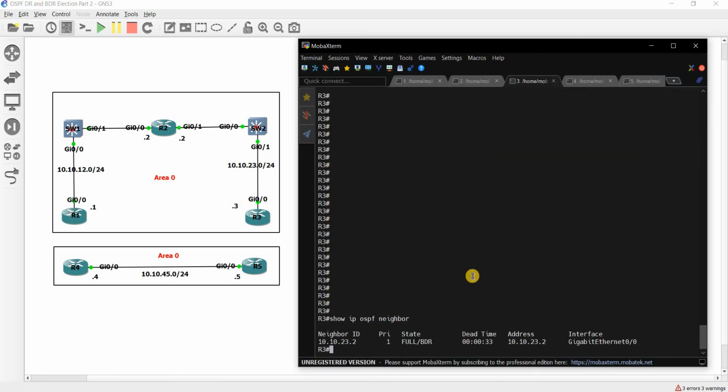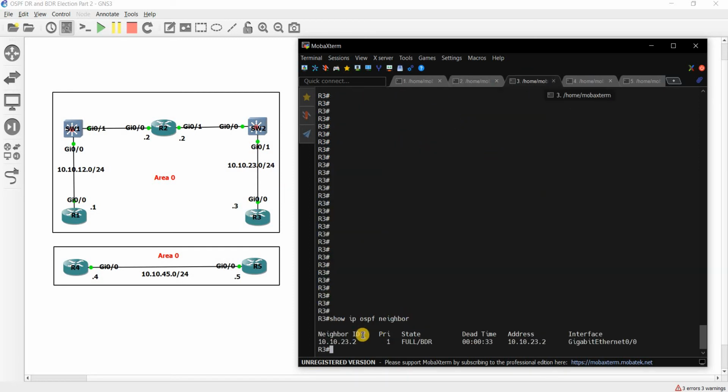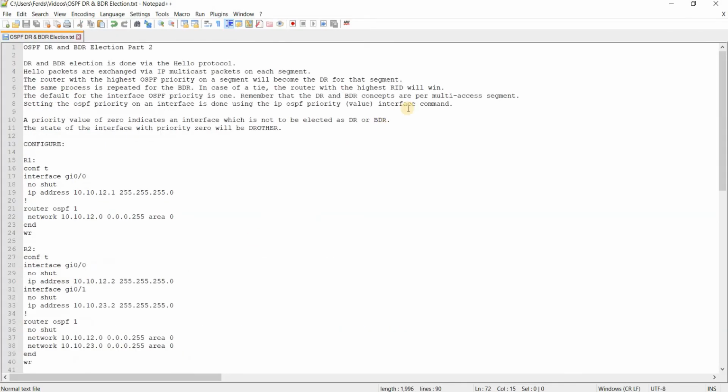And going to R3, here R2 is the BDR because R3 is the DR, as we saw here. So like I said earlier, DR and BDR election happens per segment, as we saw here.